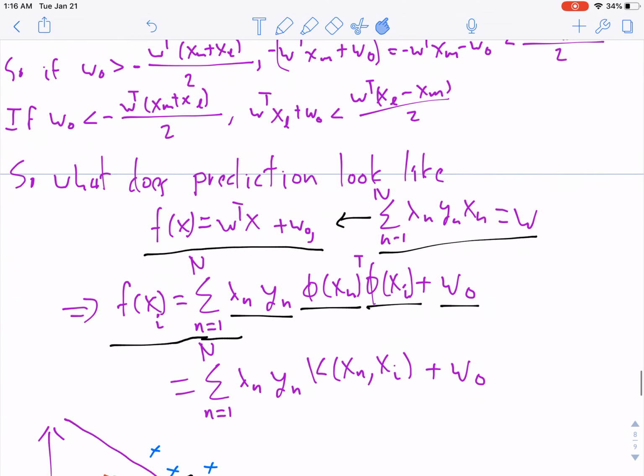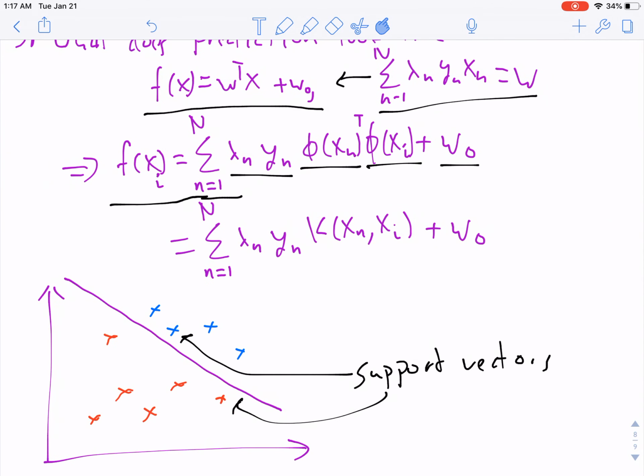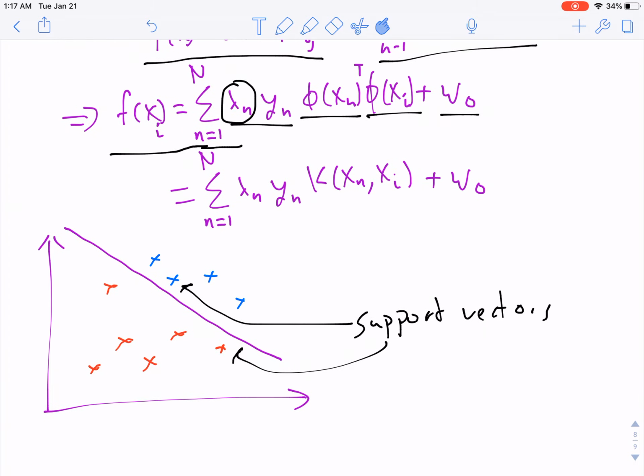So the first thing that I want to observe here is that lambda n, we actually know what values this is going to take. And I've drawn a little diagram below to give you a better picture of what a support vector machine, in particular a hard margin classifier, is going to look like. We have some group of points in red, some group of points in blue. We have our decision boundary in purple.